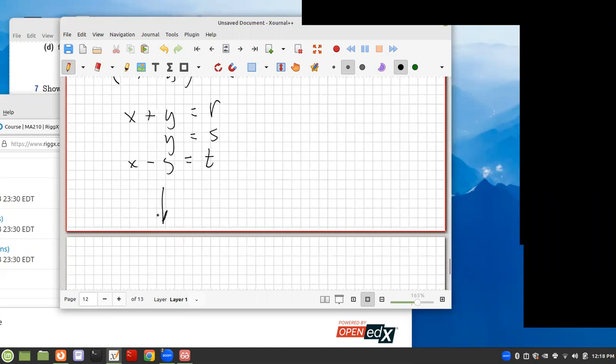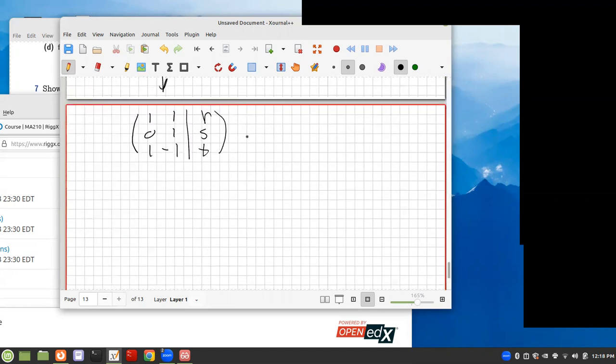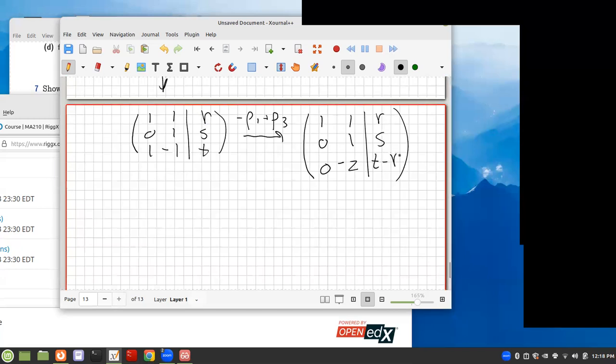Let's go down here and write this as 1, 1, R, 0, 1, S, 1, minus 1, T. This isn't in echelon form, so we can do minus row 1 plus row 3 to get 1, 1, R, 0, 1, S, and then 1 minus 1 is 0, minus 1 minus 1 is minus 2, and minus R plus T is T minus R. Then we can do 2 row 2 plus row 3 to deal with this one.